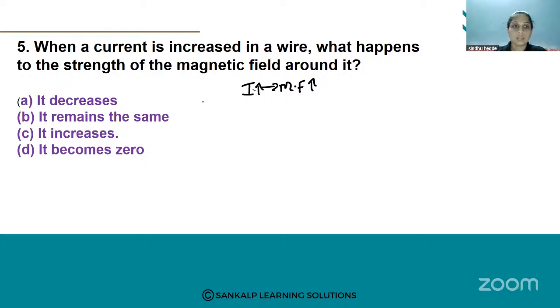That is the meaning. So it decreases, wrong. It remains the same is also wrong. It increases is correct. It never becomes zero. Once the strength of the current increases, the magnetic field is also increased. So C option is correct.